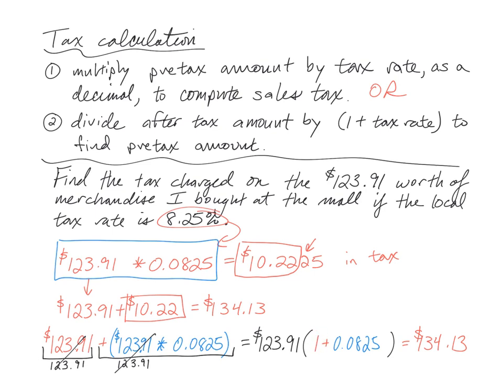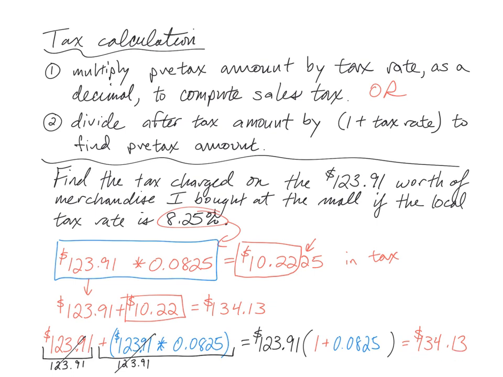I purchased $123.91 worth of stuff from the mall. So that 1 would represent that initial amount. The 0.0825 represents how much tax was charged on that amount. So if we add our original amount and our tax, then we would get $134.13.